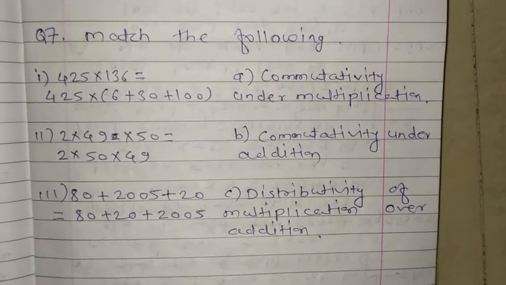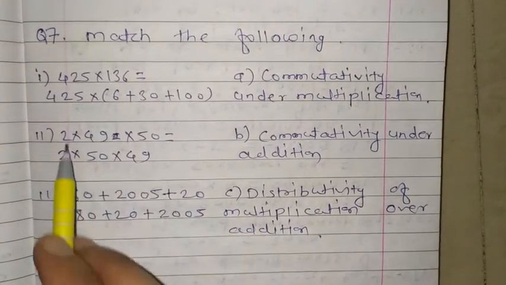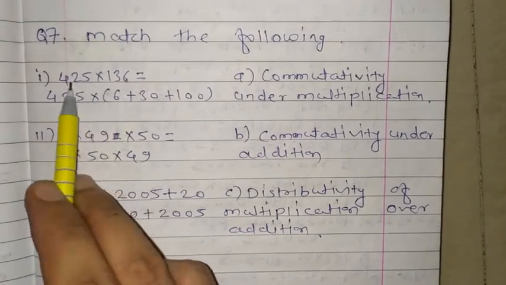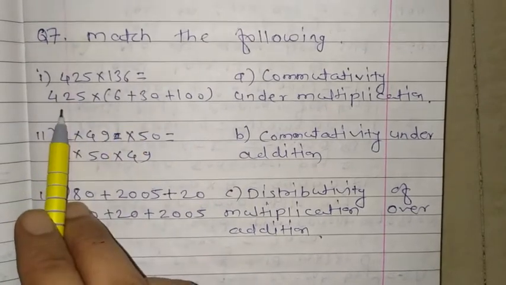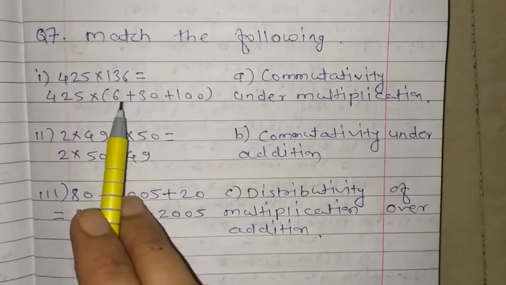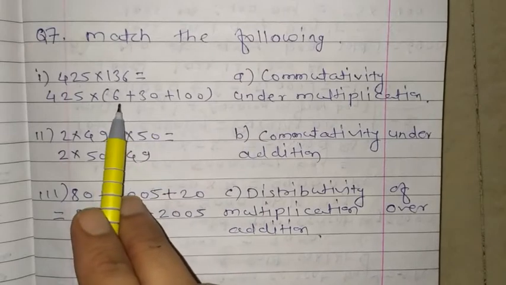Match the following. In question number 7, match the following, they have given 3 combinations. First one you check carefully. 2 numbers are given, 425 into 136 equals 425 into 136 is written like 6 plus 30 plus 100, nothing but 100 plus 30 plus 6.